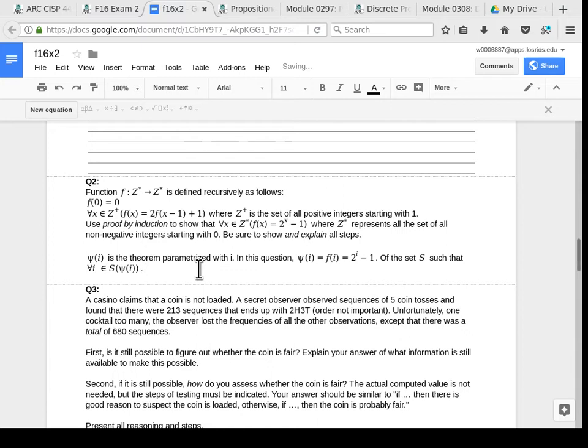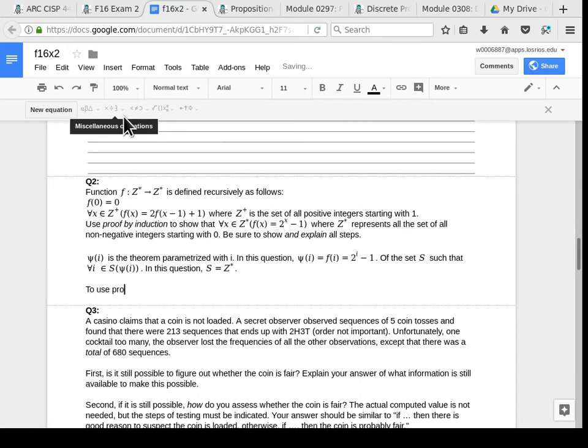So this is basically just using symbols to represent what we are talking about. So in this question, our so-called set here is basically Z star, which is the set of all non-negative integers, including 0.